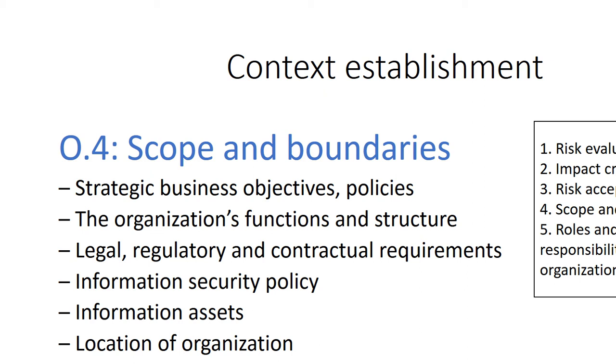It should know the details of the information assets, the location of the organization, and the expectations of stakeholders are also very important, because the major stakeholders play a key role in your overall business goal. So it's important that you always keep that in mind when defining the scope and boundaries.